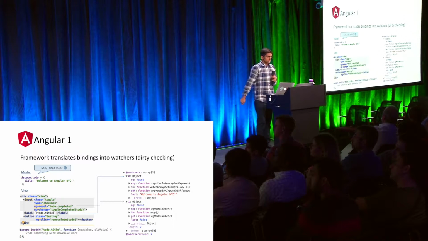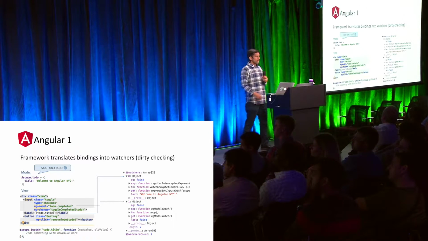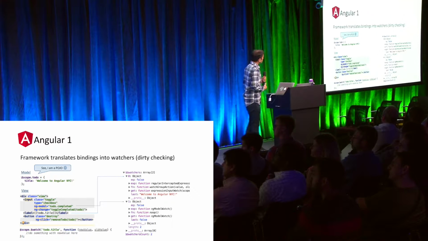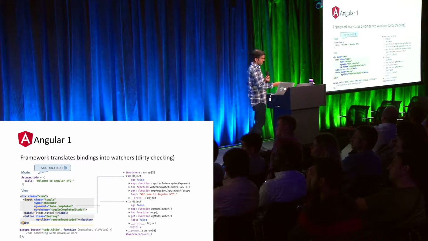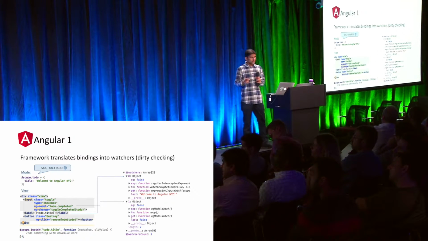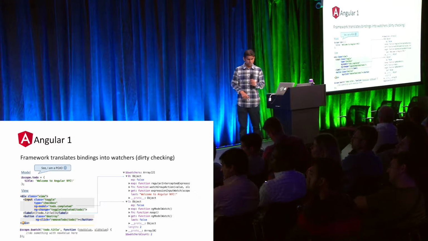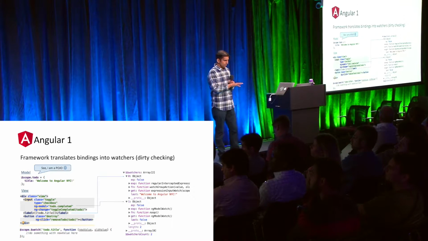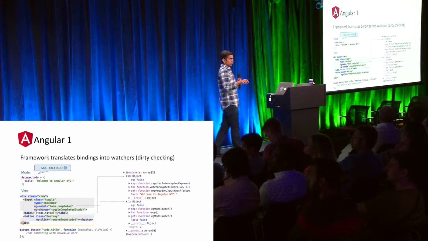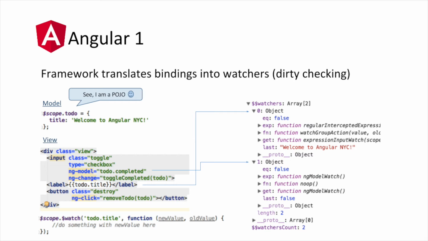Also important to notice is that when Angular is loading your template, which is here in the view, it's converting or translating your bindings into watchers. What you see on the right side is the watchers. Every single binding in your model is going to be translated into a watcher. For example, here you have todo.title. It's getting translated into the first watcher, which has all these properties. The same goes for your ng-model.